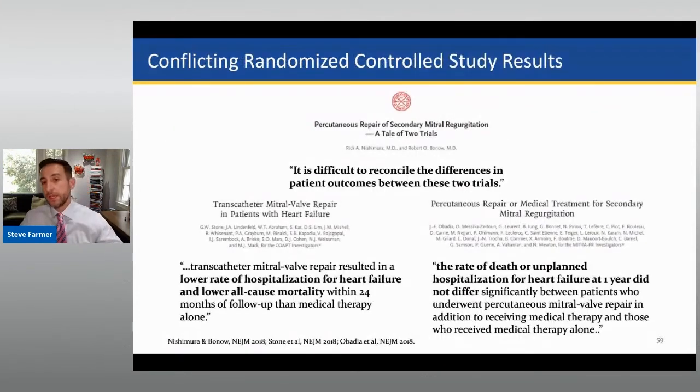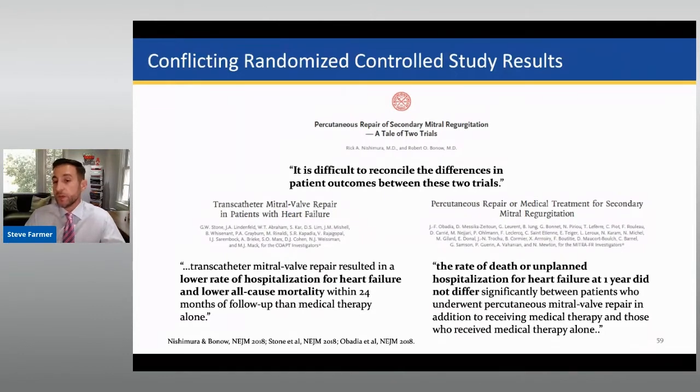Now moving to slide 8, conflicting randomized controlled study results. 2 randomized controlled trials of TEER in functional mitral regurgitation were published in the same 2018 New England Journal edition. The first was the COAPT study, which found very substantial benefit for TEER in terms of hospitalization for heart failure, all-cause mortality, and quality of life.